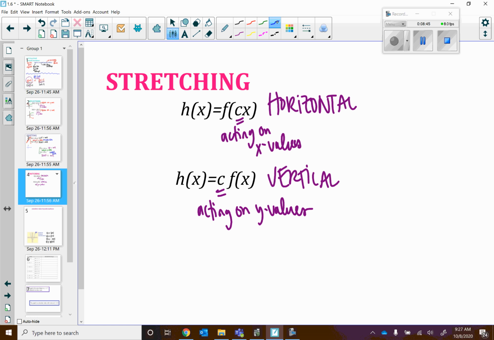So if this c value is greater than 1, it's going to be a horizontal shrink. This is counterintuitive in my mind because when the number is big, it's actually going to horizontally get smaller. And if c is between 0 and 1, so if c is a fraction, it is going to be a horizontal stretch.